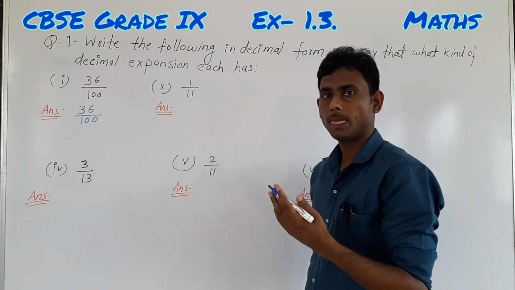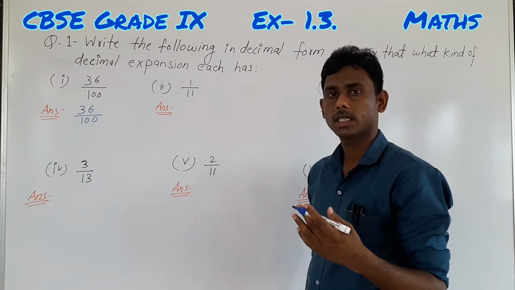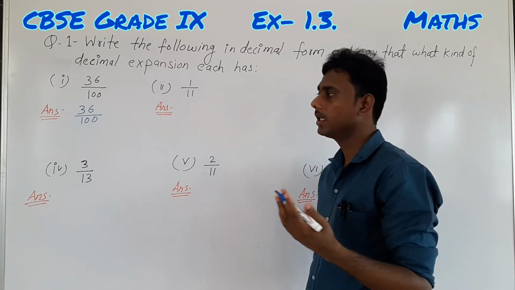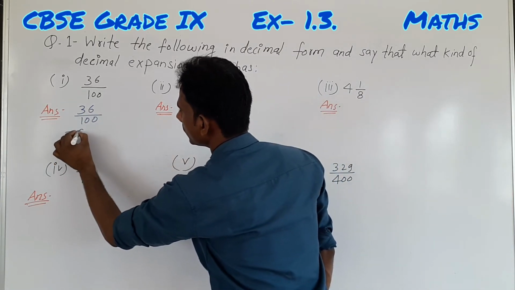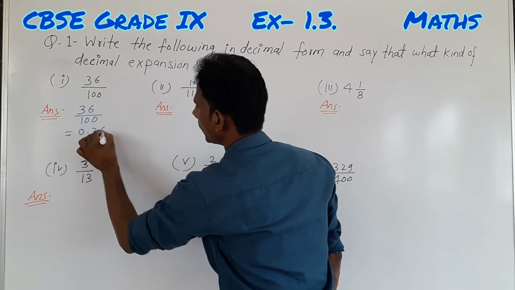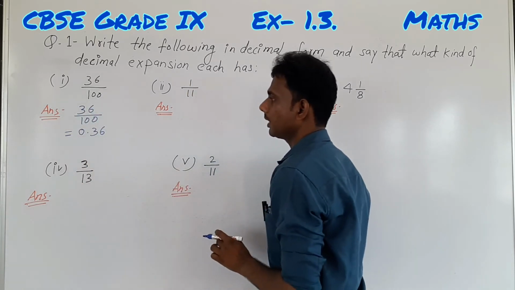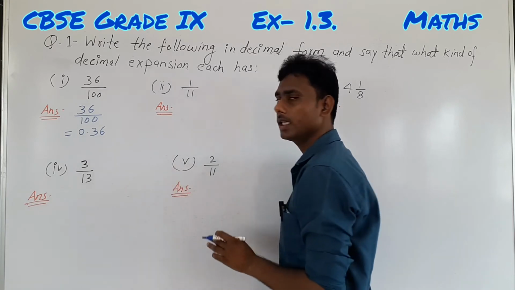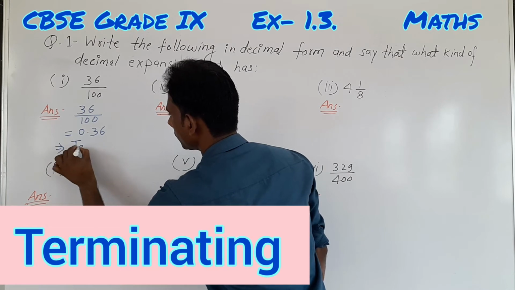If you divide any number by 100, you put a two-digit decimal. So 36 upon 100 will be equal to 0.36. This is the terminating decimal expansion. We write here terminating.